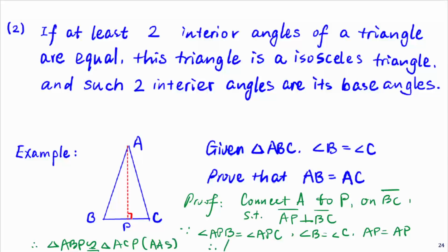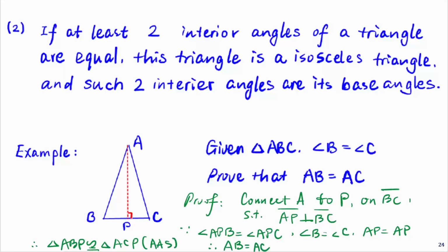And therefore we can prove corresponding parts are also congruent. So AB equals AC, right? So in conclusion, if at least two interior angles of a triangle are equal, this triangle is an isosceles triangle, and such two interior angles are its base angles. Okay, clear?